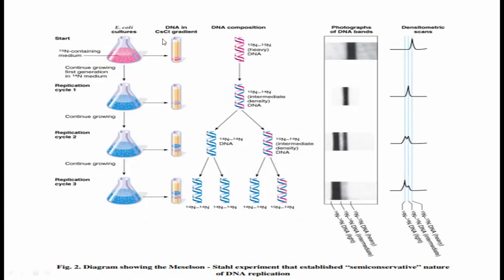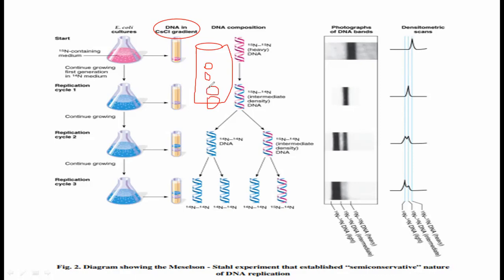DNA was centrifuged. Gradient centrifugation was done in cesium chloride solution, CsCl. If, for example, this is a test tube and you centrifuge it, and there are two elements present in the test tube, in gradient centrifugation the one which is heavier will settle at the bottom, and the one which is lighter will settle above.